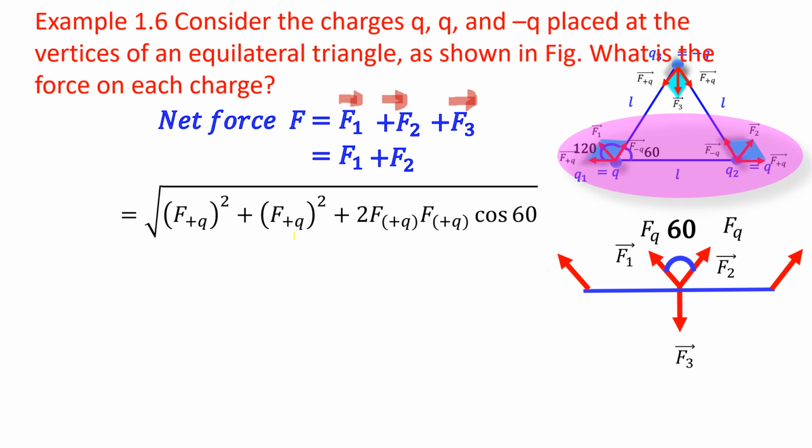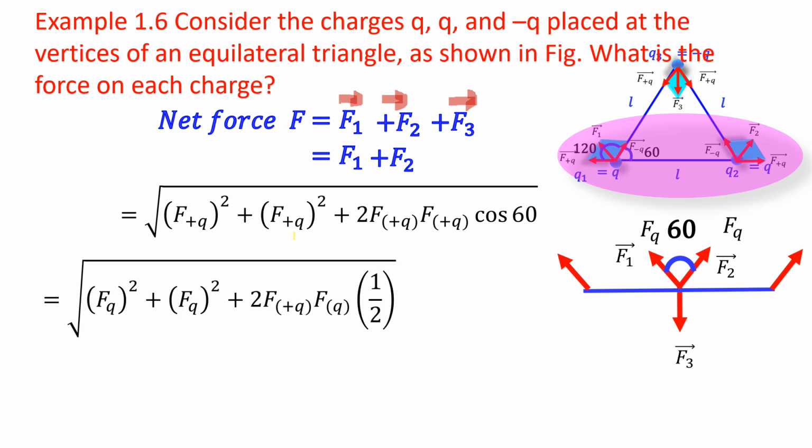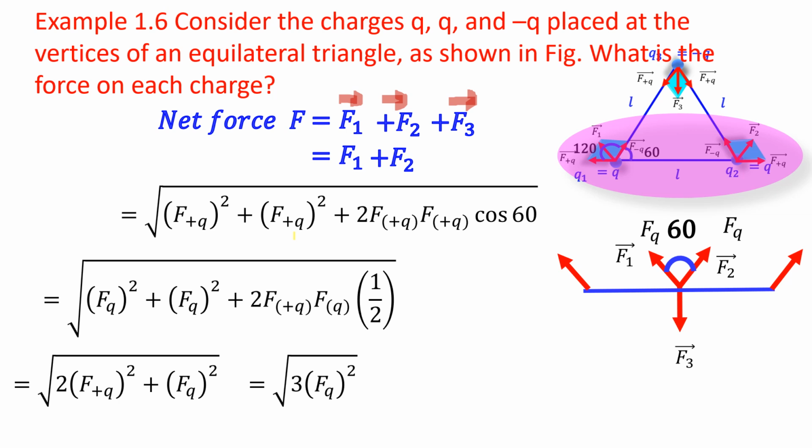So the square root of FQ square plus FQ square plus 2 FQ cos 60. Cos 60 value is 1 by 2. Simplifying this, we get the square root of 3 FQ square. Taking the square root, we get root 3 into FQ.